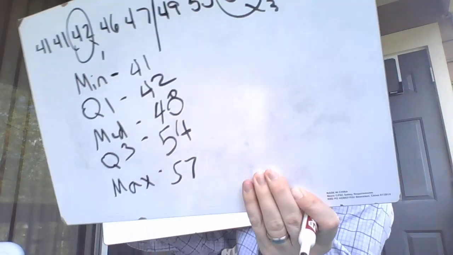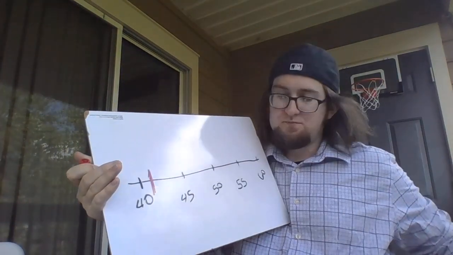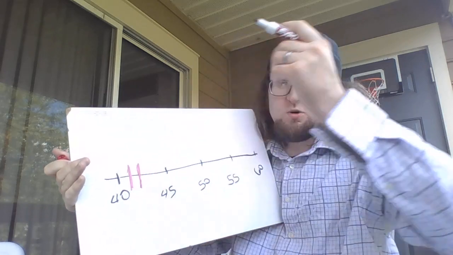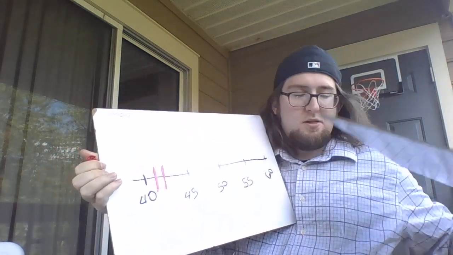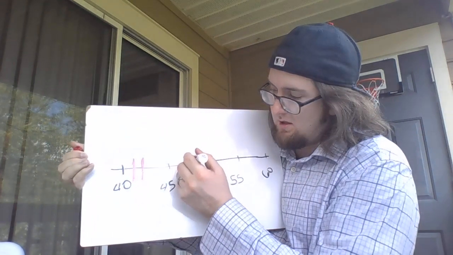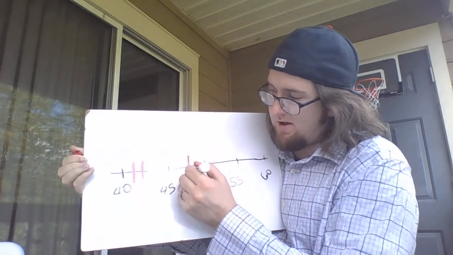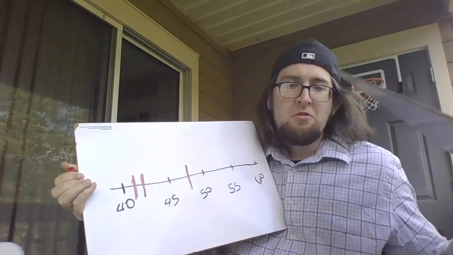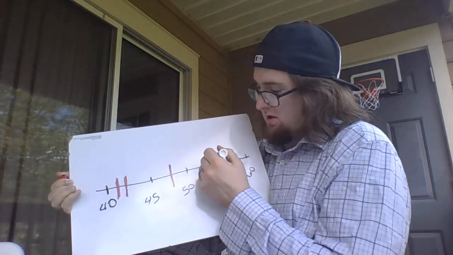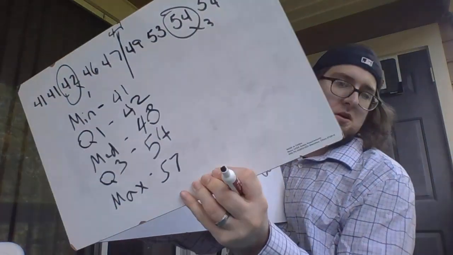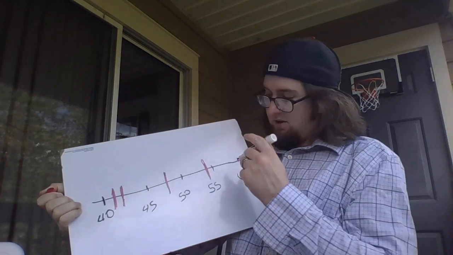Quartile 1 is 42. So that's going to be right beside it. That's about quartile 2. The median is 48. So right about in the middle there. The quartile 3 is 54. And the maximum is 57.